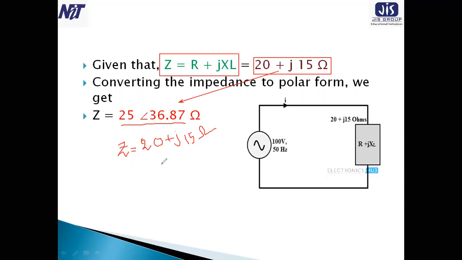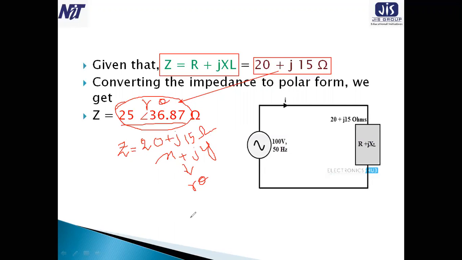It is actually given in x plus jy form, but the polar form means the r theta form. So r is 25 and theta is 36.87 degree. So we need to understand how to convert x plus jy to r theta.